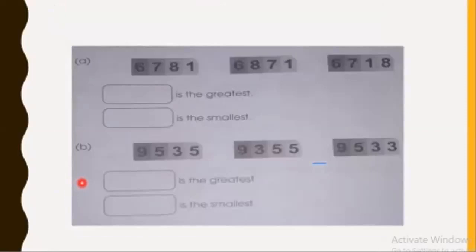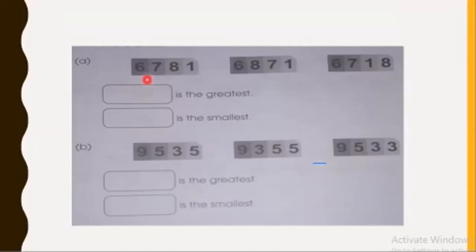This is the worksheet that I copied from your workbook, so my students can easily solve it at home without any problem. I will explain only one example in this lecture, and the rest you will always solve by yourself. So let's start.